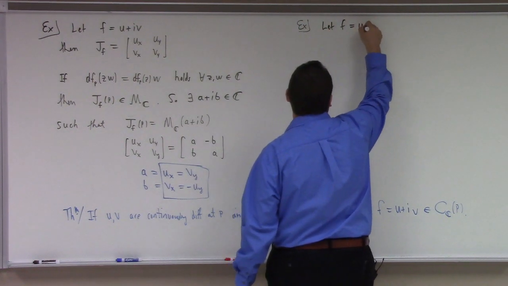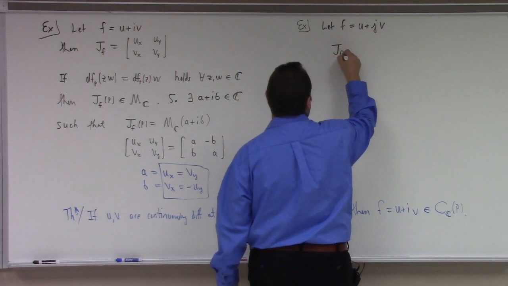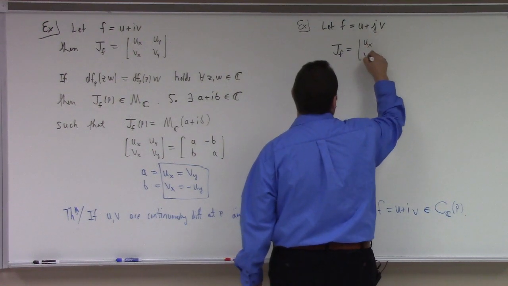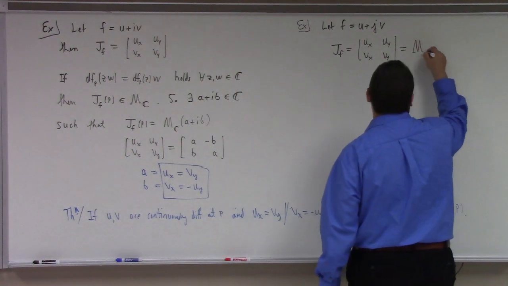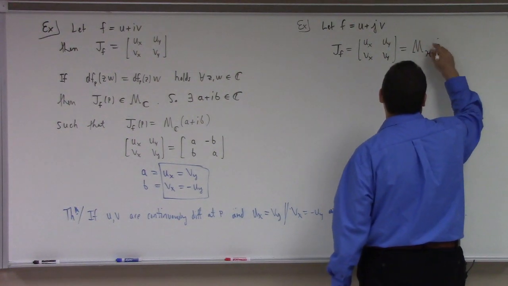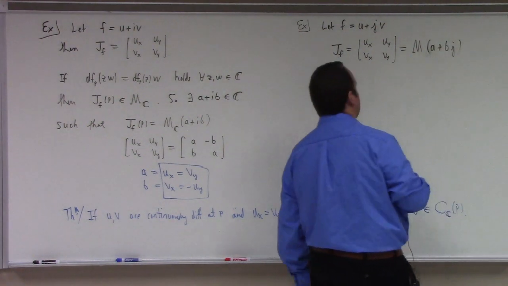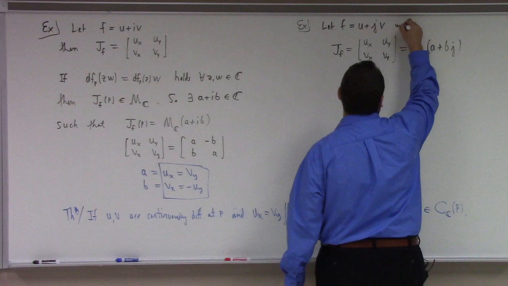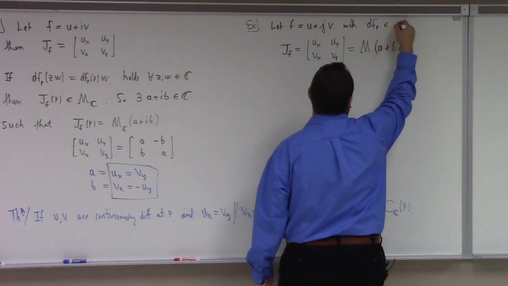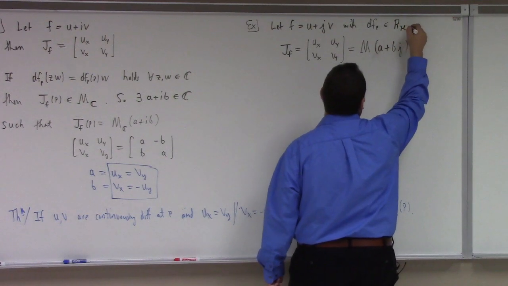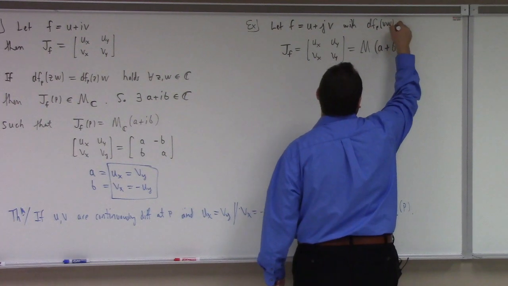If we have f equals u plus jv, then the Jacobian of f is, again, ux, vx, uy, vy, and that should be equal to the matrix representation in the hyperbolics of the hyperbolic number a plus bj, if we have the differential at p in the regular representation of the hyperbolics. More to the point, dfp of vw.